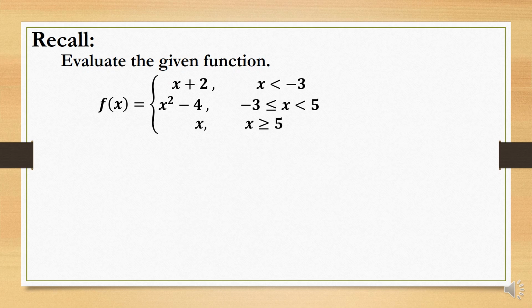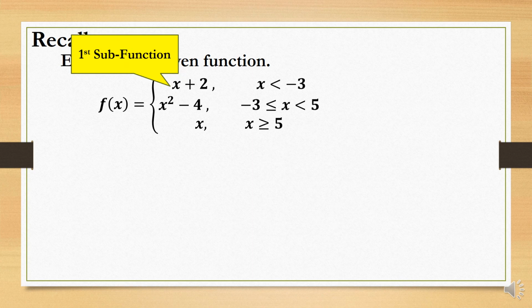Now, let us proceed to a piecewise function. You have observed that in a piecewise function, we are given different subfunctions. In this function, our first subfunction is x plus 2, and this function is only defined for all values of x which are less than negative 3.